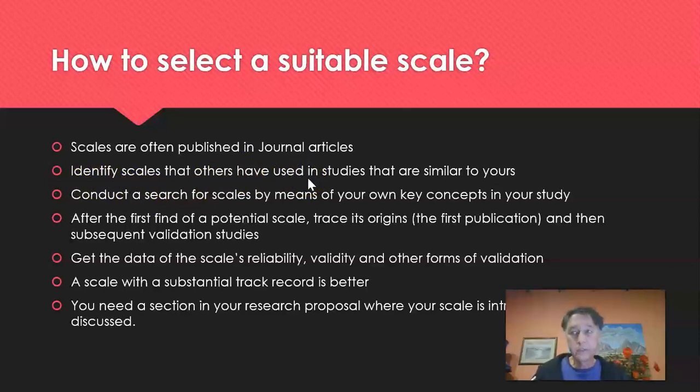So, in your literature study, when you read an article, you are not only interested in the conclusions that those authors have come to. You are also interested in the methods that they used, because you can mimic those. You can not copy, but you can use those similar methods in your study. And also then the scales can be similar.